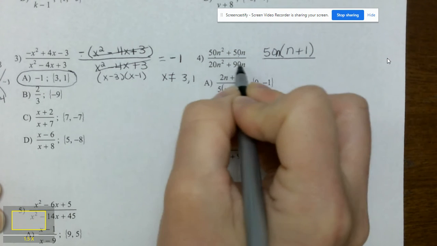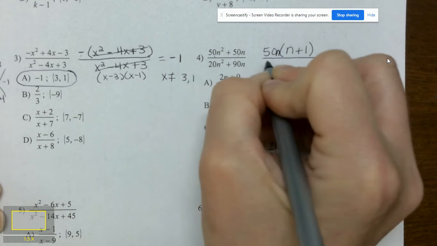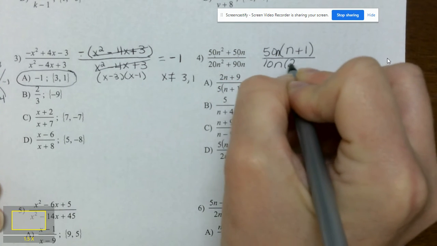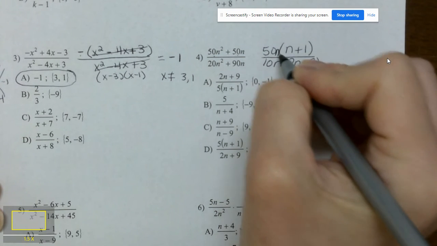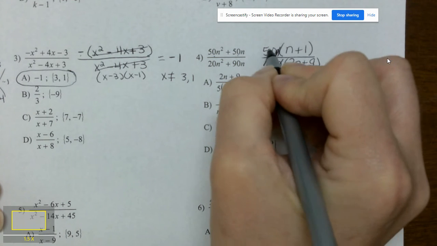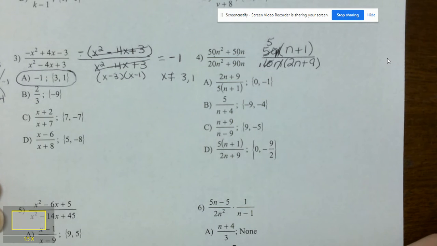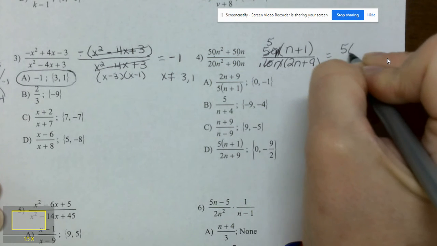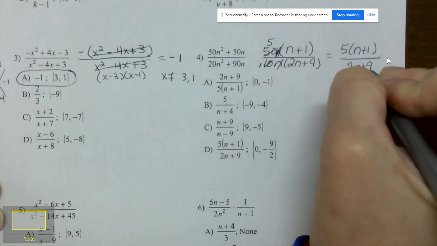And in the denominator, again, we have a binomial, but we could take out a 10n this time, which would leave us with 2n plus 9. Okay, our n's here, this n and this n will cancel. And then 10 goes into 50 5 times. That becomes a 1 down here. So we're left with 5 times n plus 1 over 2n plus 9.